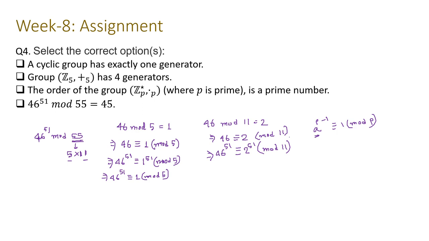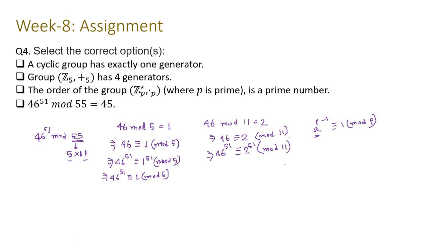If p is prime, then all the numbers from 1 to p minus 1 are co-prime to p. So any number from that set, let's say a is co-prime to p, a raised to the power p minus 1 is congruent to 1 modulo p. This is Fermat's little theorem.